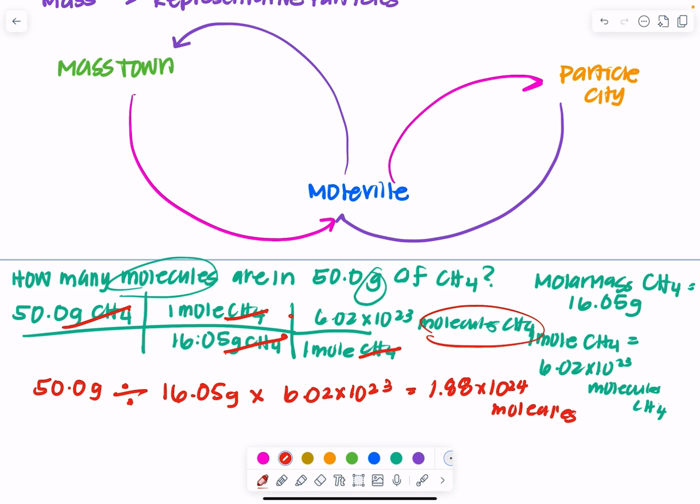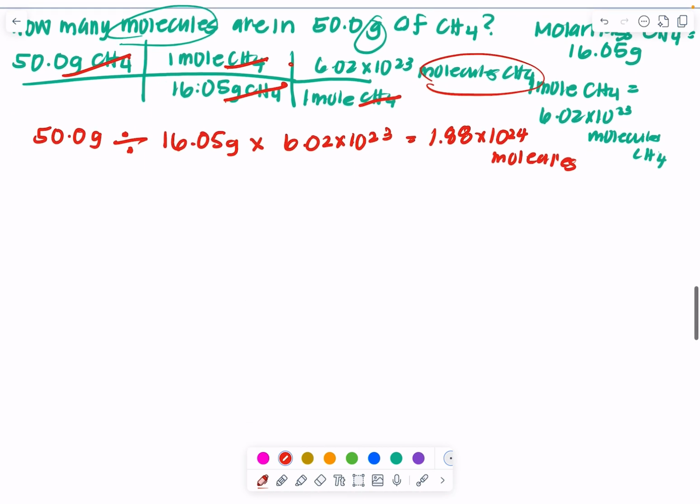And the very last thing that I'm going to do today is talk about something called stoichiometry. It's just a very basic thing, I guess, for lack of a better word. It's a very basic principle in chemistry.